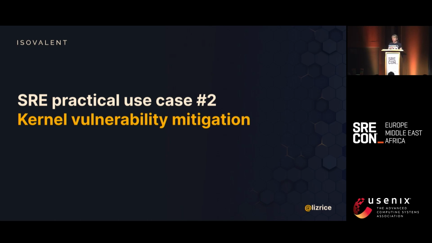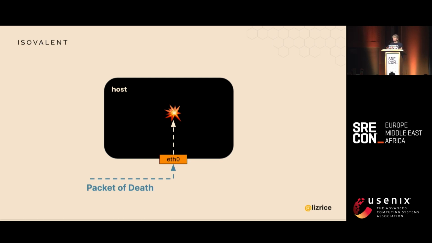Which leads me to my next practical example, which is the idea of mitigating a kernel vulnerability by loading an eBPF program. The example I'm going to talk about is a packet of death vulnerability. Imagine a kernel vulnerability where a particular form of network packet is going to cause the kernel to crash.